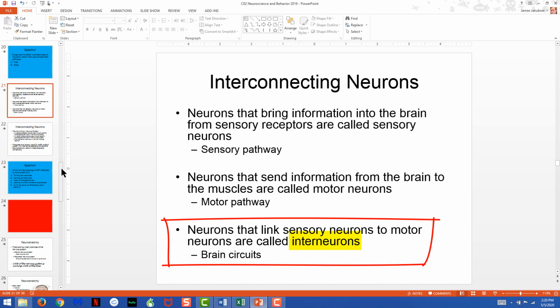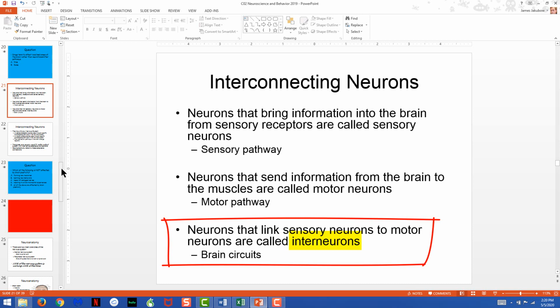Please be very, very careful here. The neurons involved in the sensory input pathway and the neurons in the motor output pathway and the neurons that are part of brain circuits that we're calling interneurons are all the same neurons we've been talking about since the beginning of the semester.